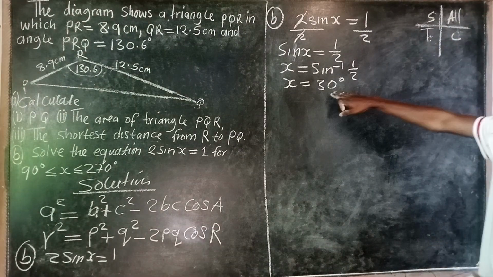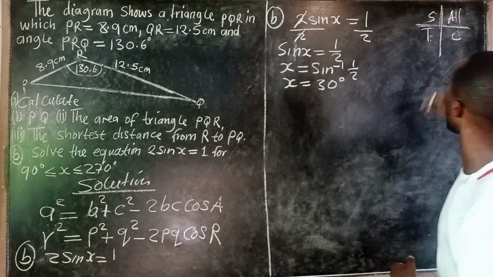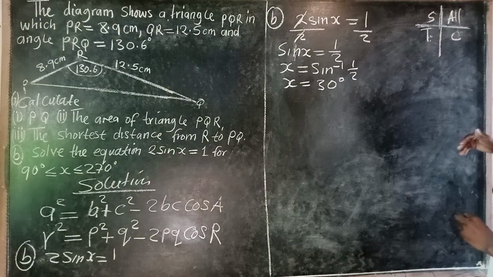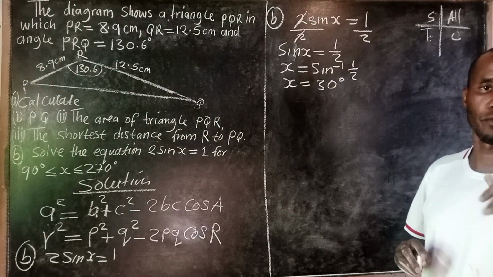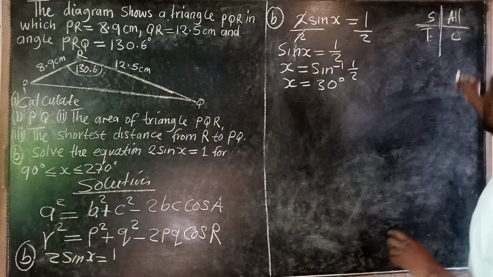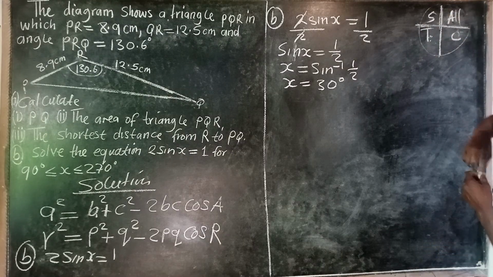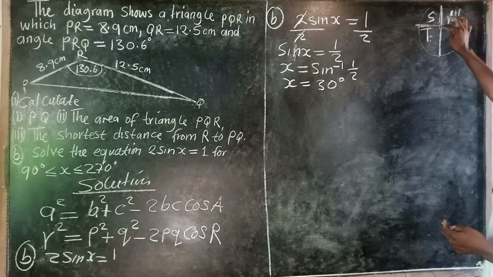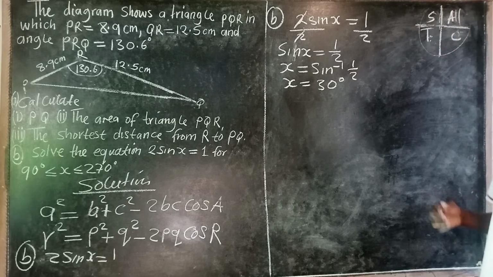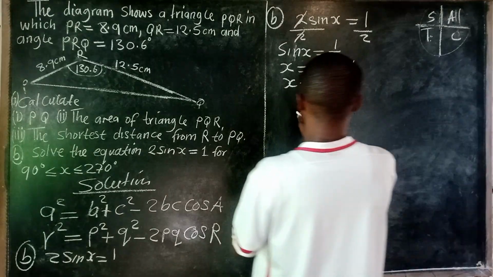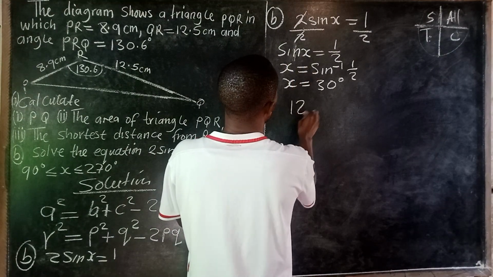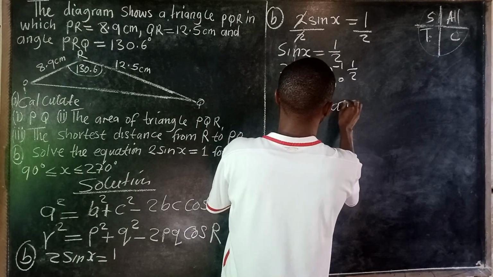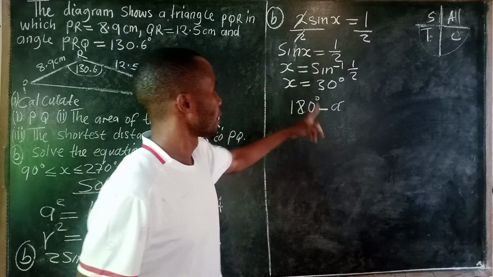We are going to use this as a reference. As you can see, sine is positive, so you need to consider where sine is positive, and that is where you get your answer from. Looking at the quadrant diagram, sine is positive in the second quadrant. The formula for the second quadrant is 180 minus the reference angle, represented by alpha.